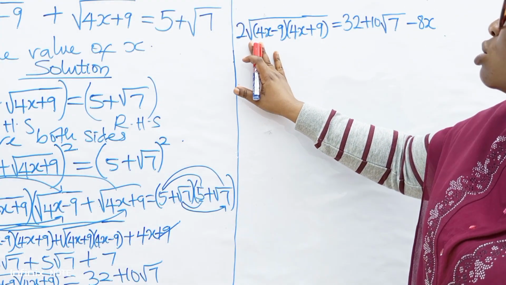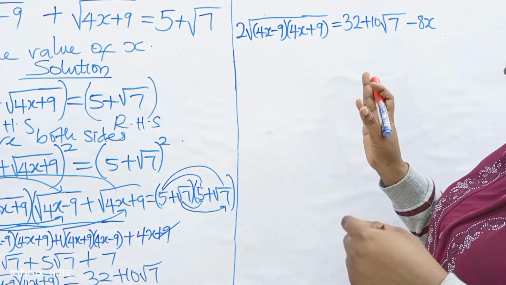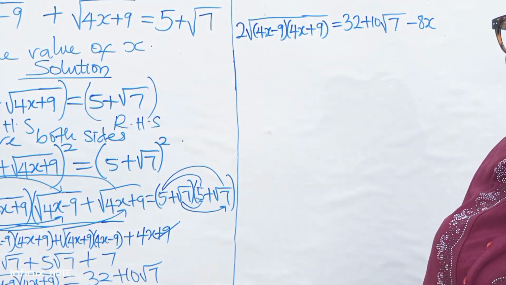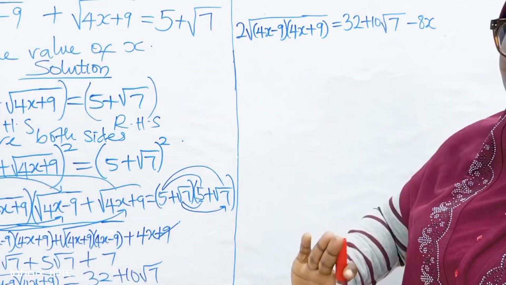I want my root 4x minus 9 multiplied by 4x plus 9. I want it to stand alone. I do not want anything beside it.